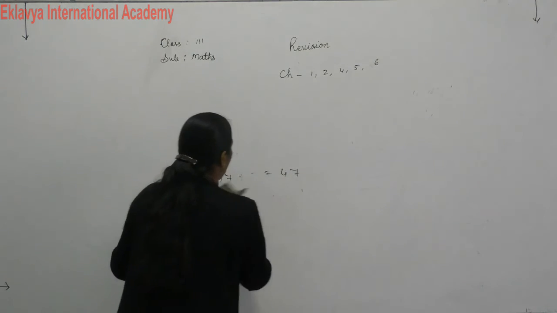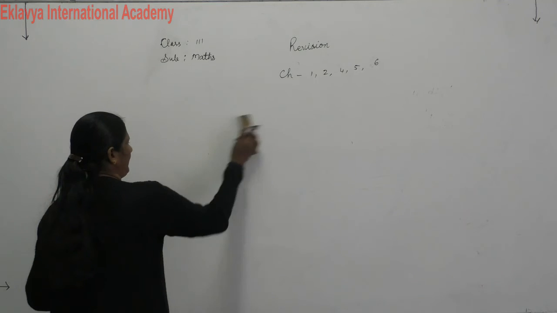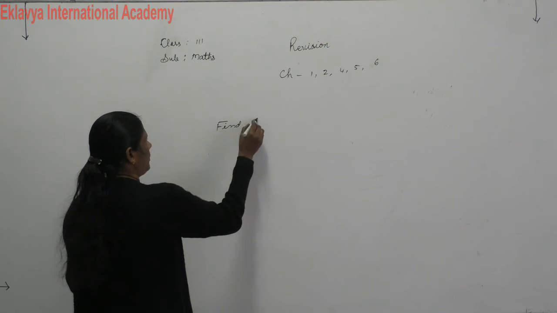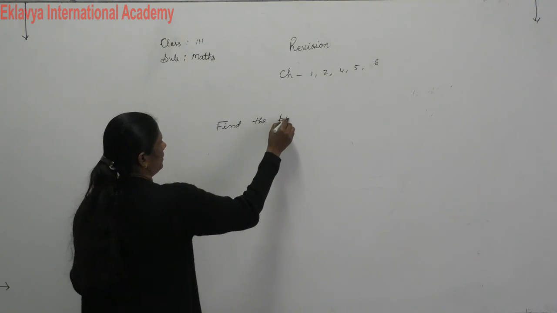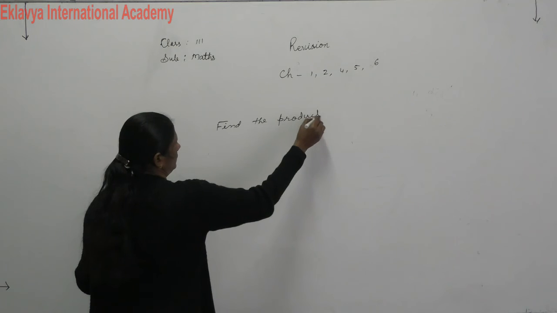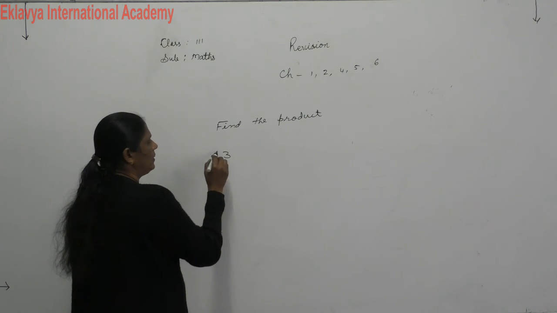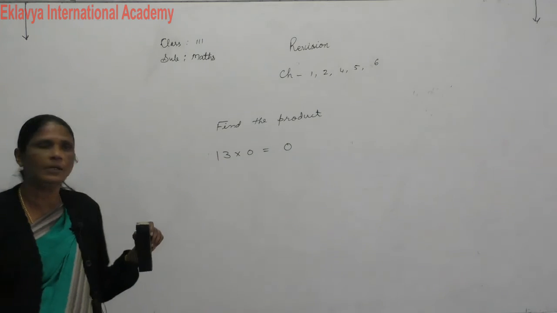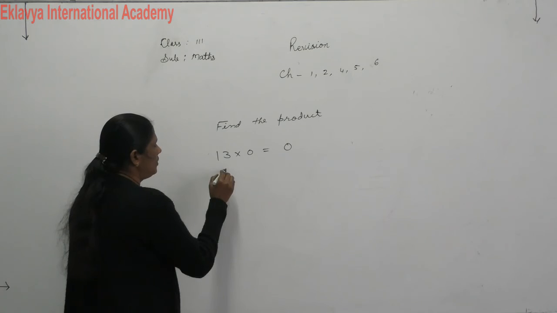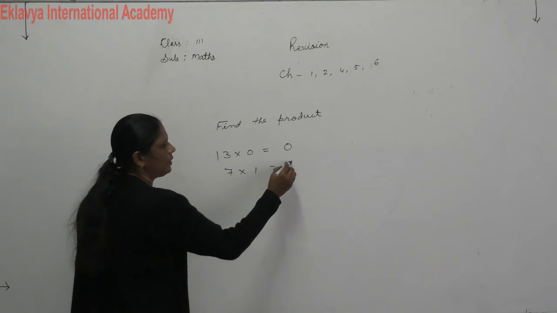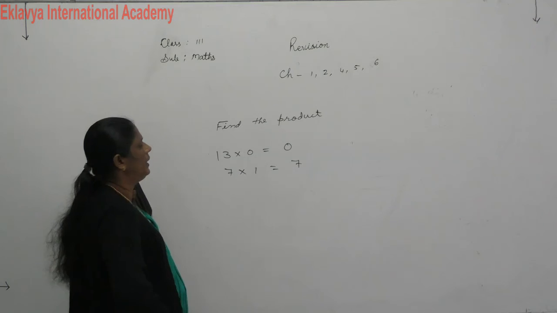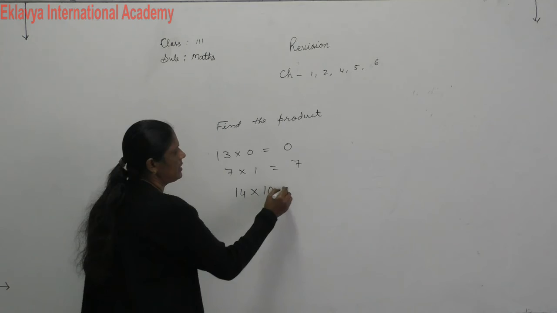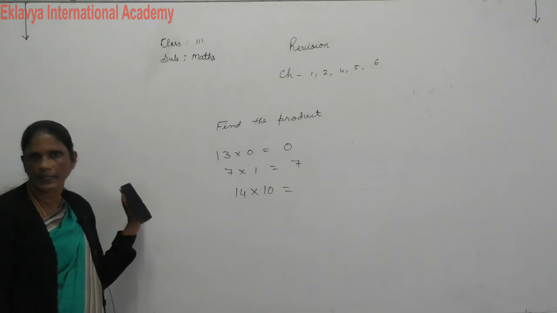Then next, find the product or multiply. 13 into 0 is equal to 0. Then 7 into 1 is equal to 7. Then 14 into 10 is equal to, we multiply by 10.